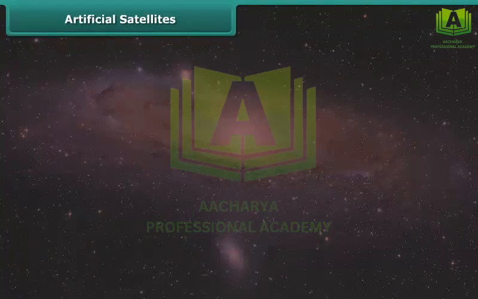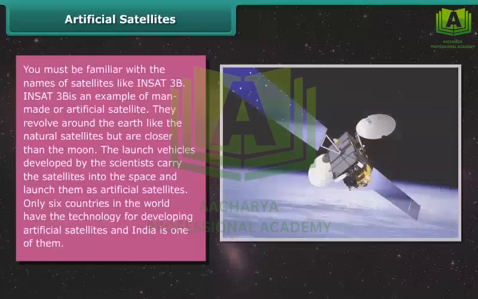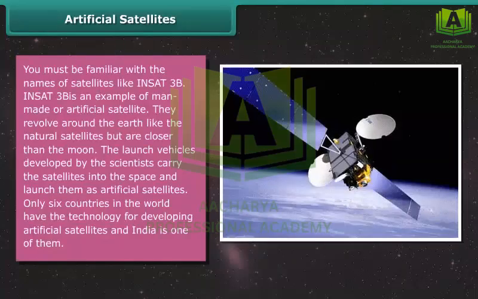Artificial satellites. You must be familiar with the names of satellites like INSAT-3B. INSAT-3B is an example of a man-made or artificial satellite. They revolve around the earth like the natural satellites but are closer than the moon. The launch vehicles developed by the scientists carry the satellites into space and launch them as artificial satellites.